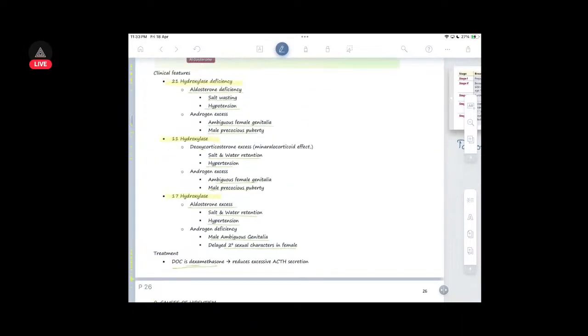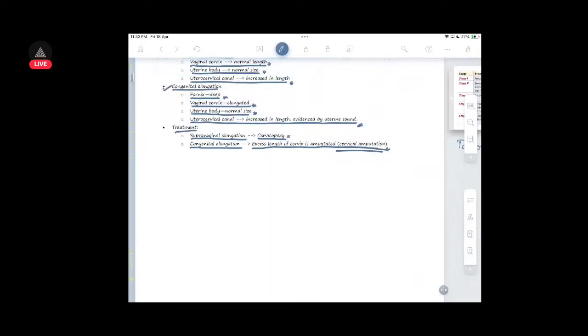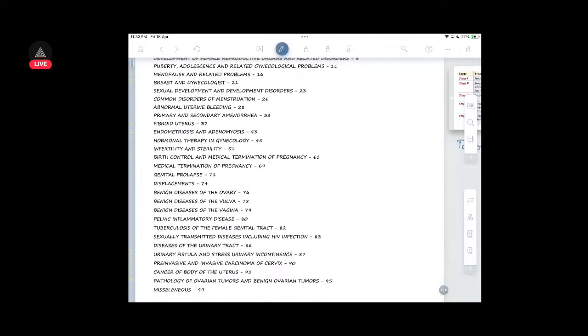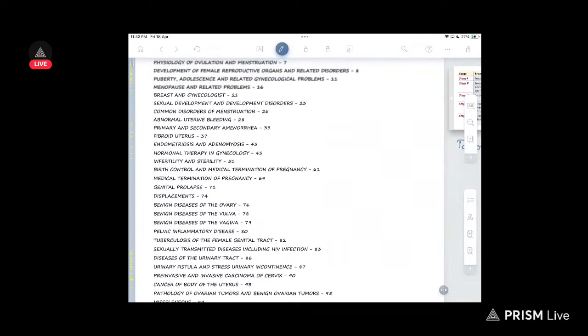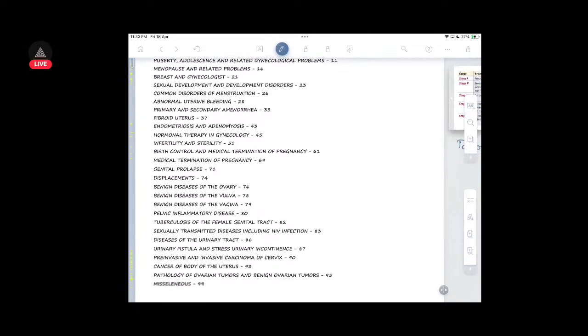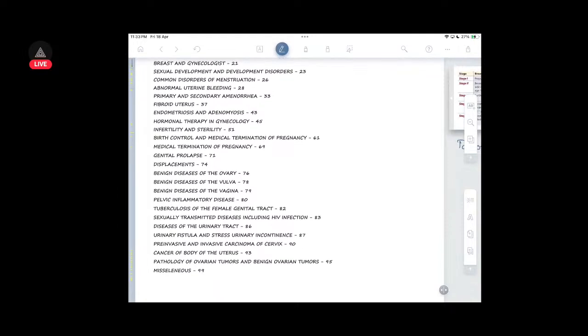One second. Before I continue, how much is there? So generally, abnormal uterine bleeding I have to do. Primary and secondary amenorrhea, fibroid, endometriosis, hormonal therapy in gynecology.